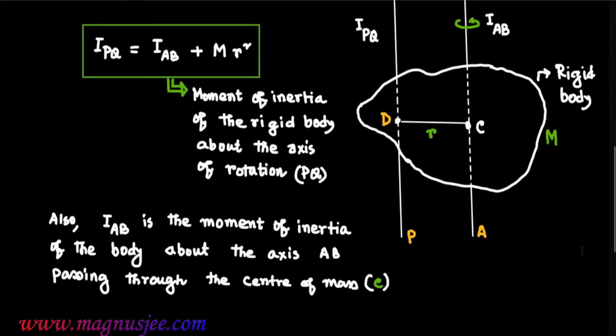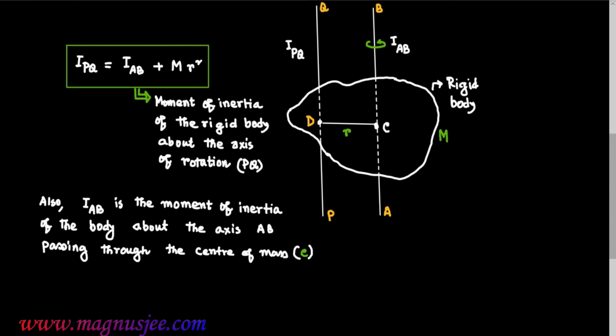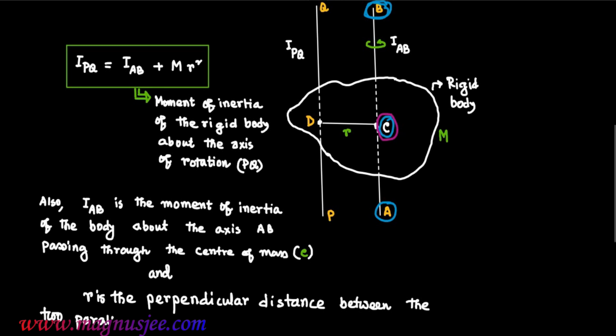AB is the axis which passes through the center of mass of the rigid body, and R is the perpendicular distance between the two parallel axes PQ and AB.